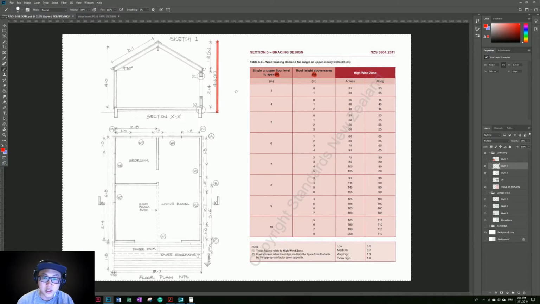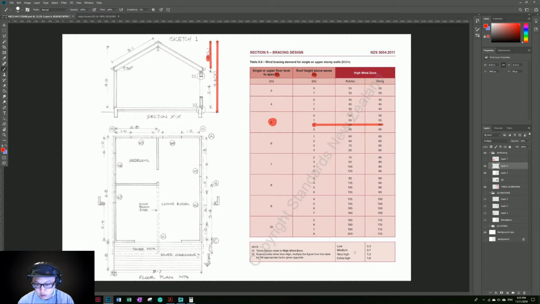It's 4.6. So we need to work somewhere around here. And the little h, the roof height above eaves, this one here, it's 1.8. So it needs to be 2. And then we go across. So those are the values, 50 across and 55 along.